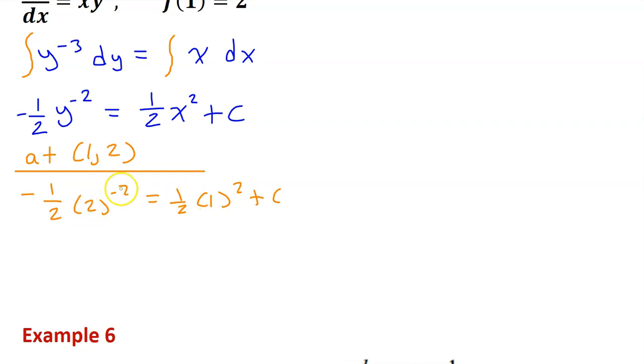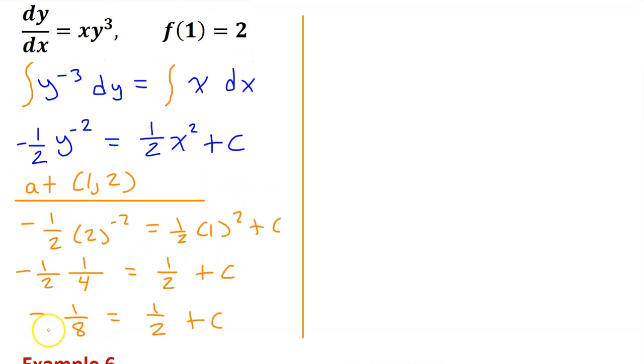To do 2 to the -2 power, we need to drop this down to the denominator. So I'm going to keep the 1/2 for a minute. This is going to be 1 over 2 squared. This is 1 over 4. And 1 squared is 1, so we have -1/2 times 1/4 is equal to 1/2 plus c.